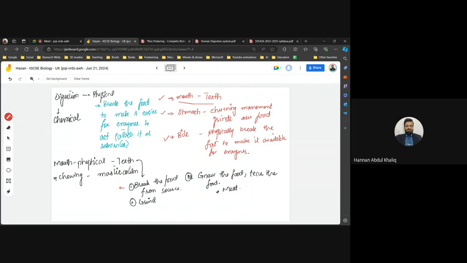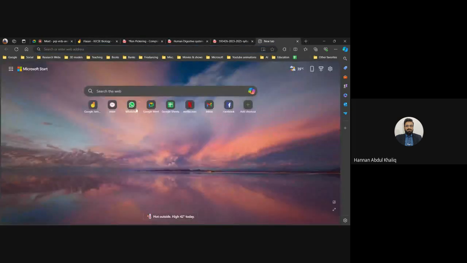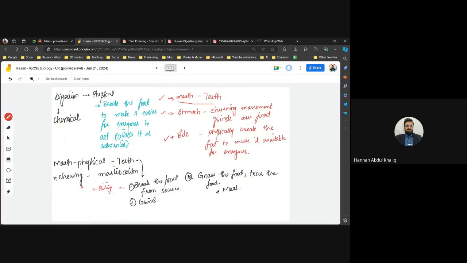Breaking the food or biting is done by a group of teeth, and gnawing by a different group of teeth. I'll just randomly tell you the names, then I'll get towards that slide. In the biting, the group of teeth that are involved is called incisors.